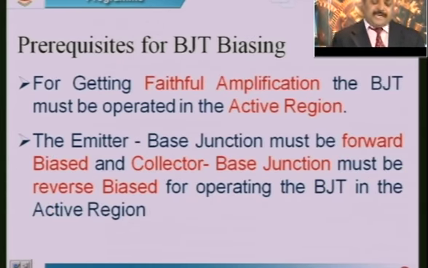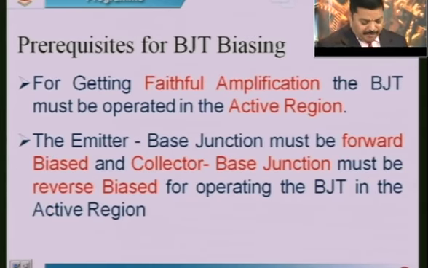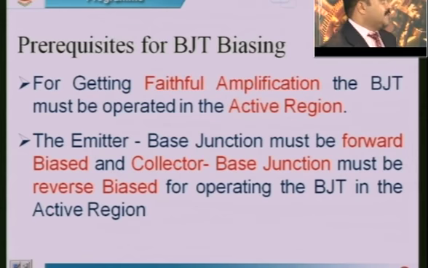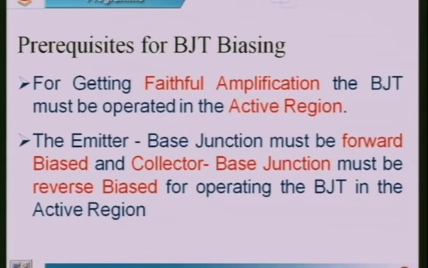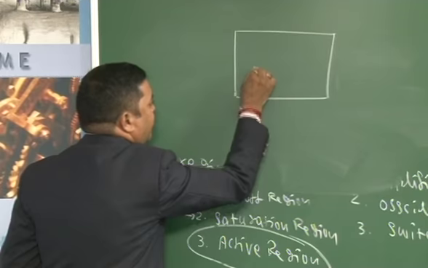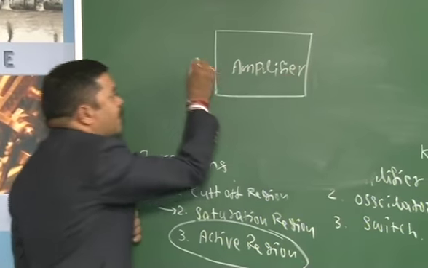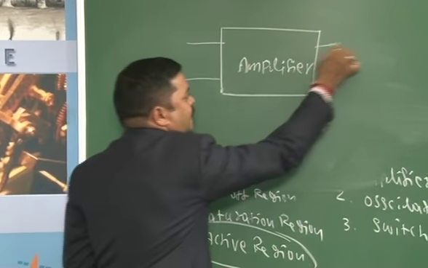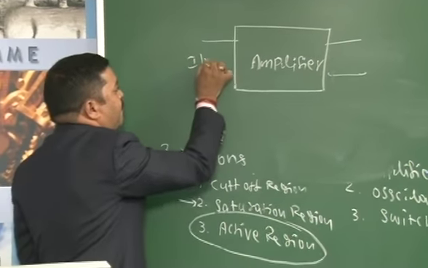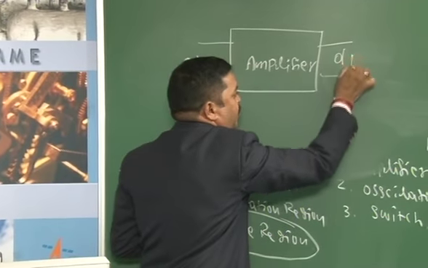Now, for getting faithful amplification, what do you mean by faithful amplification? Let us discuss what faithful amplification is. Suppose we consider this as an amplifier. This is the input and this is the output.